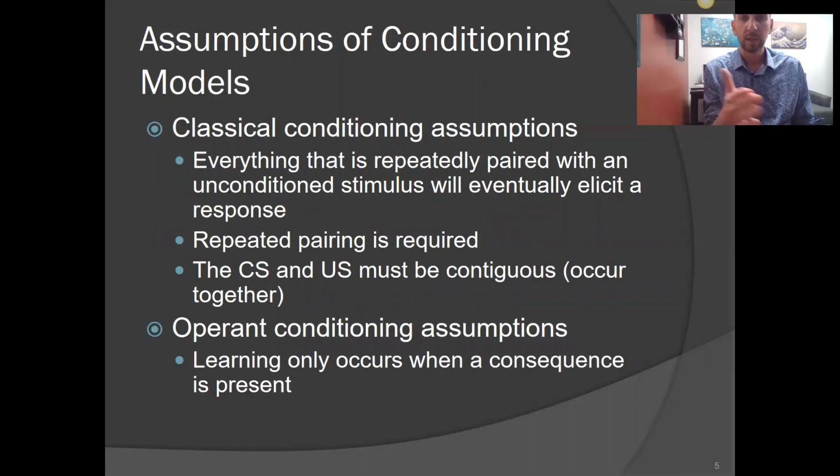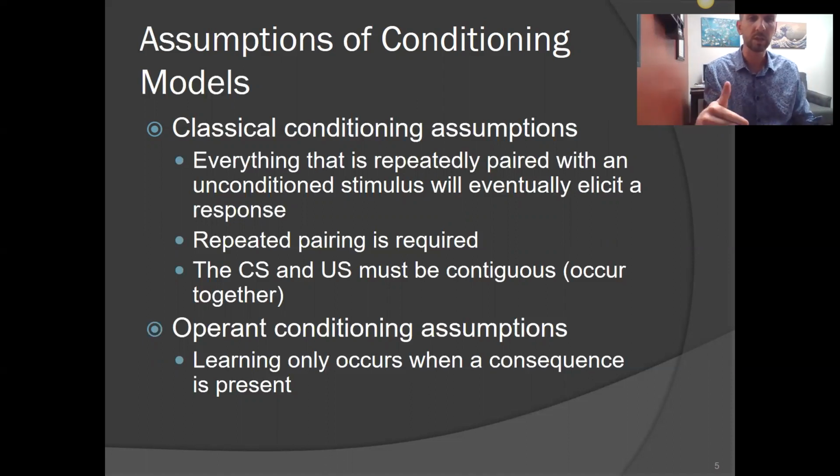Okay, now it's important to go back and think about what the assumptions of classical conditioning and operant conditioning are. For classical conditioning, there's an assumption that everything that is repeatedly paired with an unconditioned stimulus will eventually elicit a response. So if you take a stimulus that you have a natural reaction to, a reflex, an automatic response, and pair another stimulus with it, it's always and reliably going to elicit a response to whatever you're pairing with it, the conditioned stimulus.